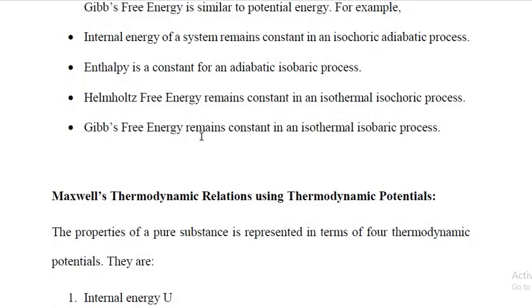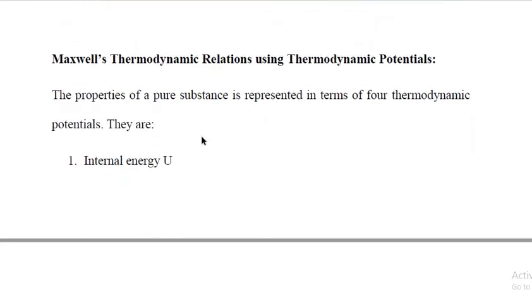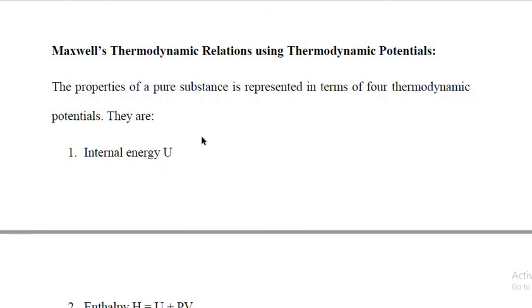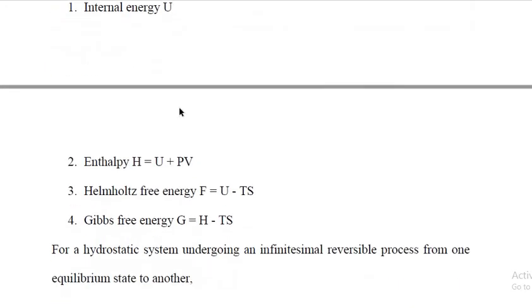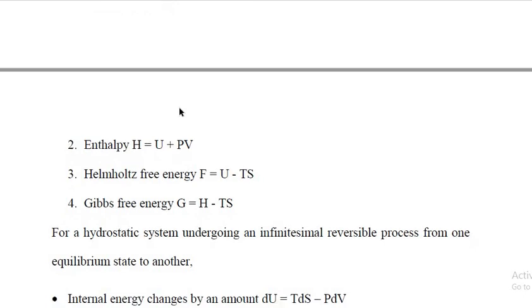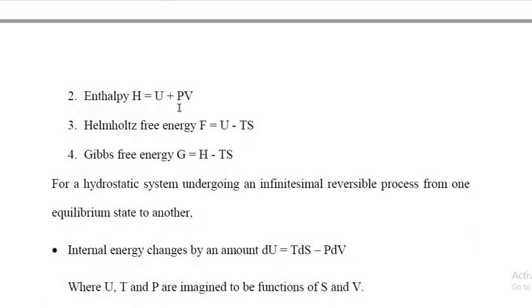Next, Maxwell's thermodynamic relations using thermodynamic potentials. So the properties of a pure substance are represented in terms of 4 thermodynamic potentials. They are internal energy U, enthalpy H is equal to U plus PV, Helmholtz free energy F is equal to U minus TS, Gibbs free energy G is equal to H minus TS.